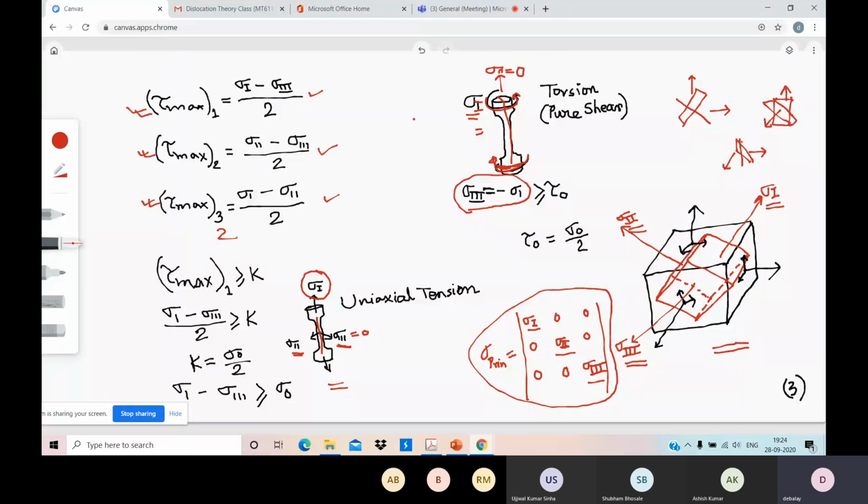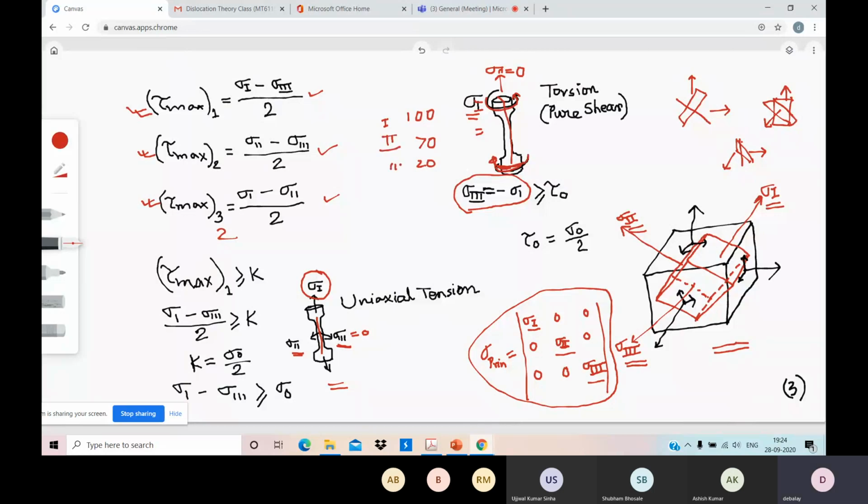So if I give you 3 particular values, arbitrary values, you will be able to easily calculate. Suppose I give 100, 70 and 20. So you will understand who is the maximum, who is the second, and who is the third shear stress component.